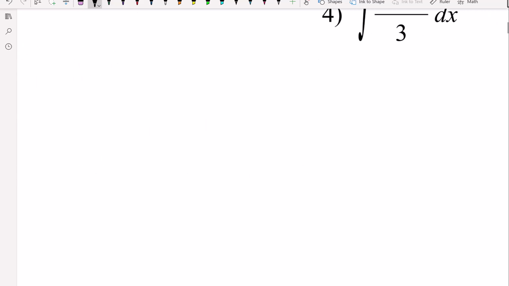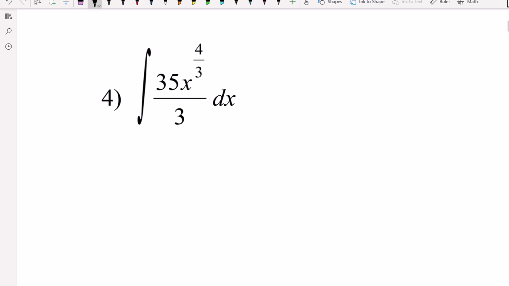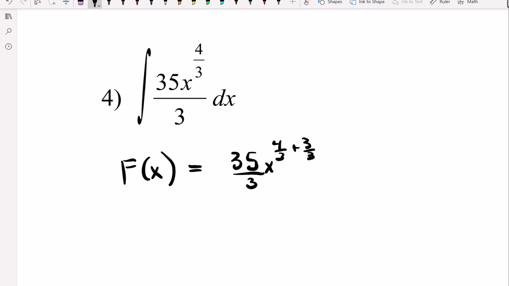All right, so now we have a fractional exponent. The process is still the same. So we're going to add 1. When I add 1, I'm going to add it as 3/3 because that's the same as 1. So that's 7/3.